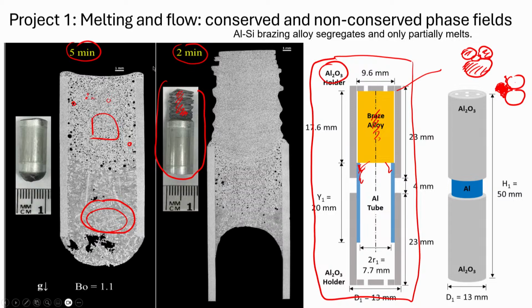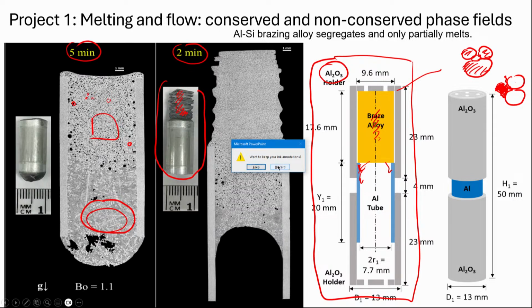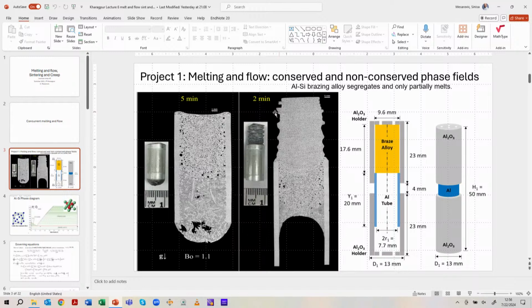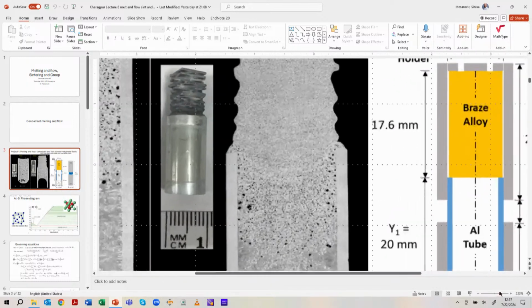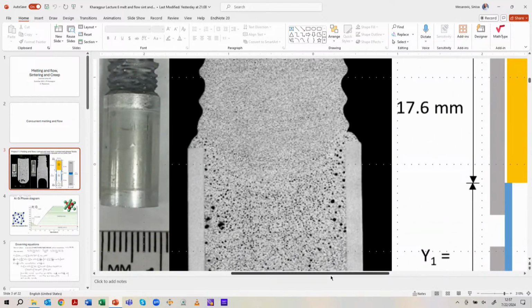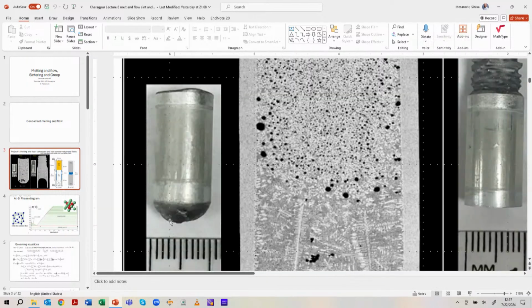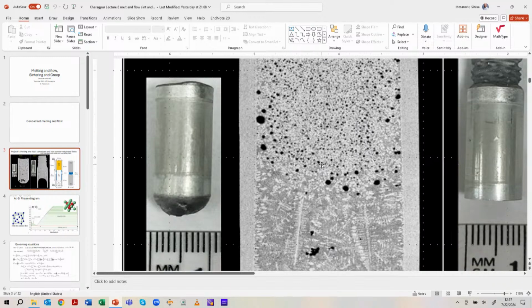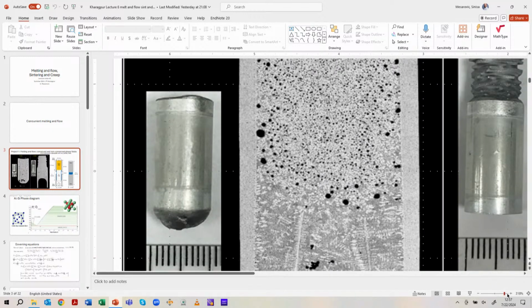Maybe I can magnify this. Let's try it. Okay, view. Yes, I think you can see them now.